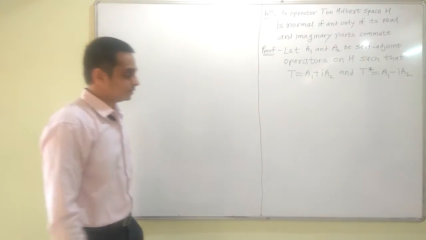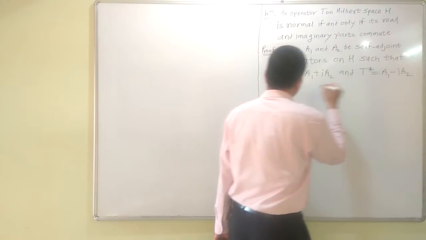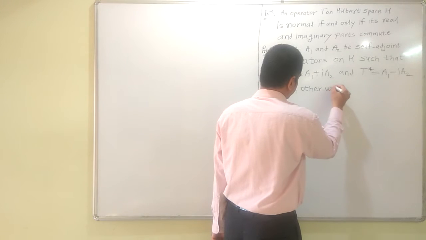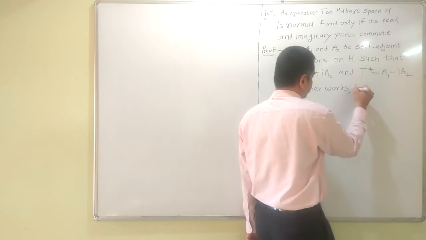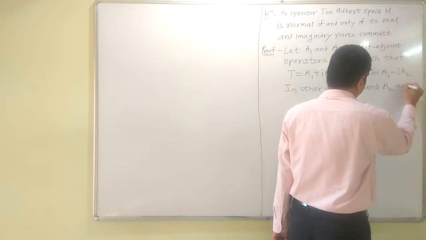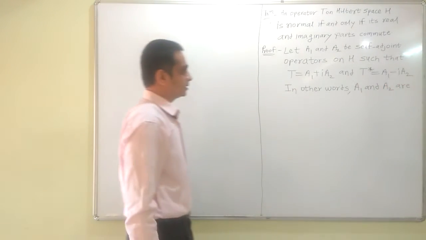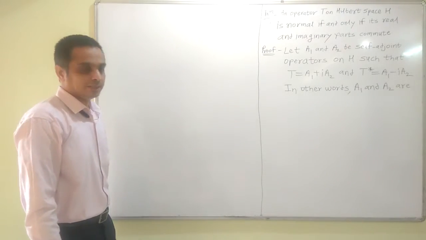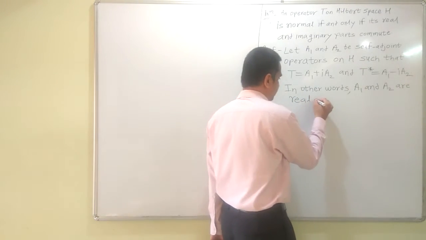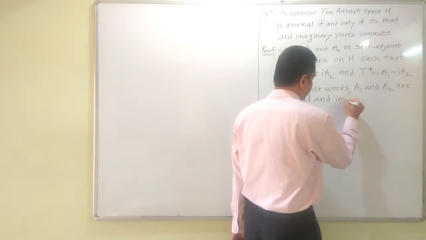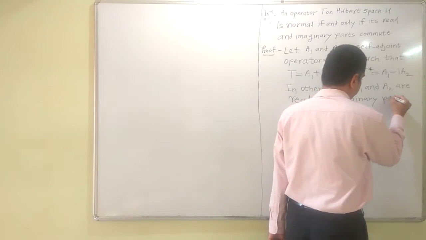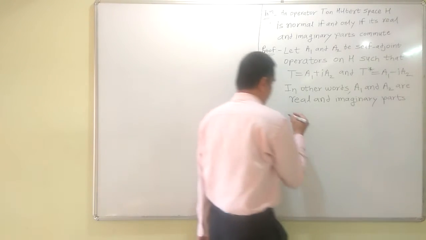In other words, A1 and A2 are the real and imaginary parts of T respectively.